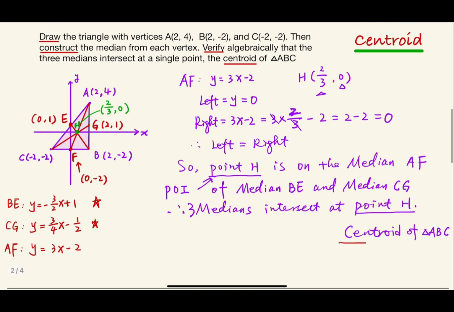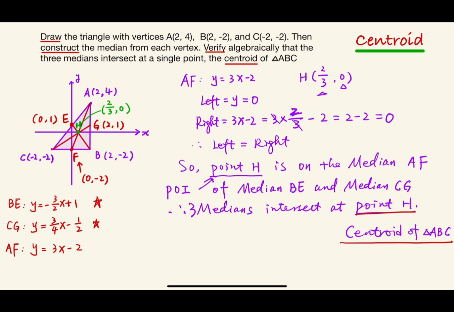That is to say this point is the centroid.